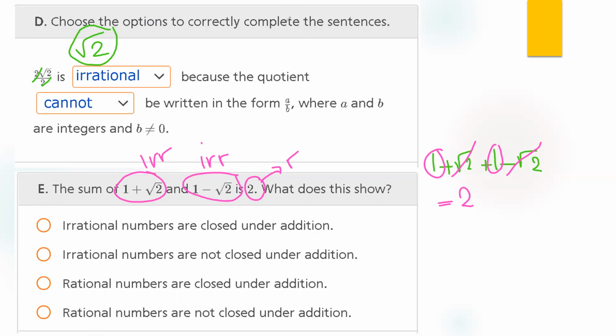Now we are talking about irrational, so it could be A or B. As you see here, they are not closed, since the sum is rational. So this will be the correct answer: the irrational numbers are not closed under addition.